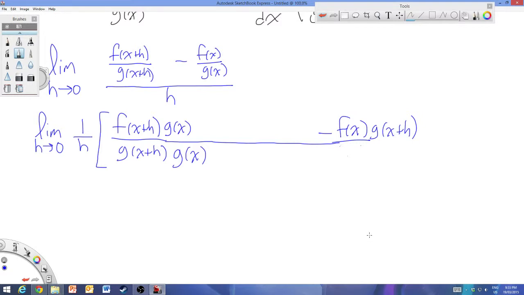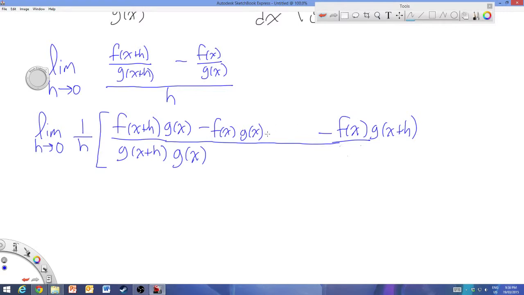Very similar to what we did with the product rule proof. So I'm going to add the following. Here it looks like we have an f of x plus h times g of x, so I'm going to subtract from this f of x times g of x. It might become obvious why I'm doing this.